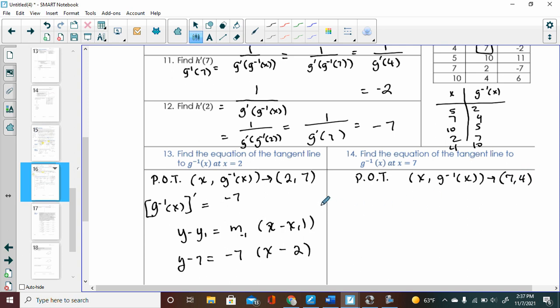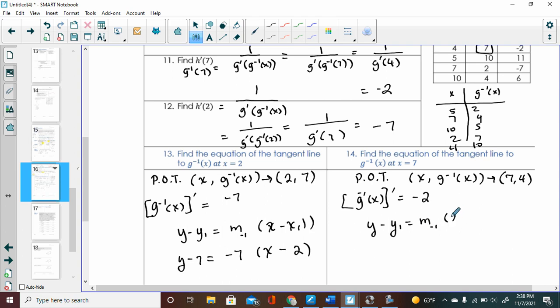Now, let's see if I got that derivative, and I did it in number 11. So g prime, g to the inverse of x, remember my prime goes outside to show that this is derivative, is just -2. Okay, write my equation in point slope form.